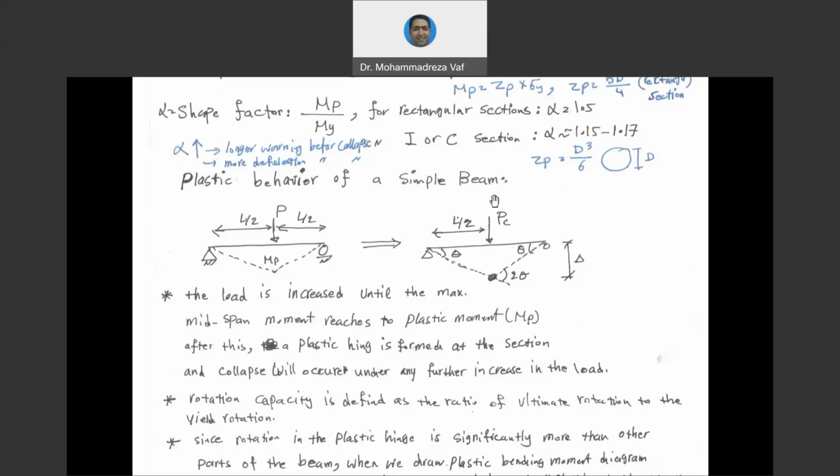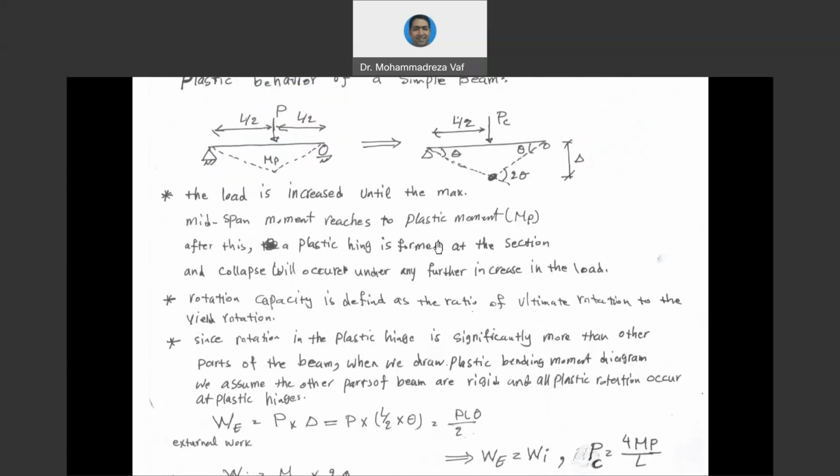Therefore, if I want to calculate how much external work has been done by this point load until we reach collapse, I just need to multiply its intensity by the deflection that occurs under the point load, meaning PC multiplied by delta is the external work done by this PC from the beginning until the collapse condition.